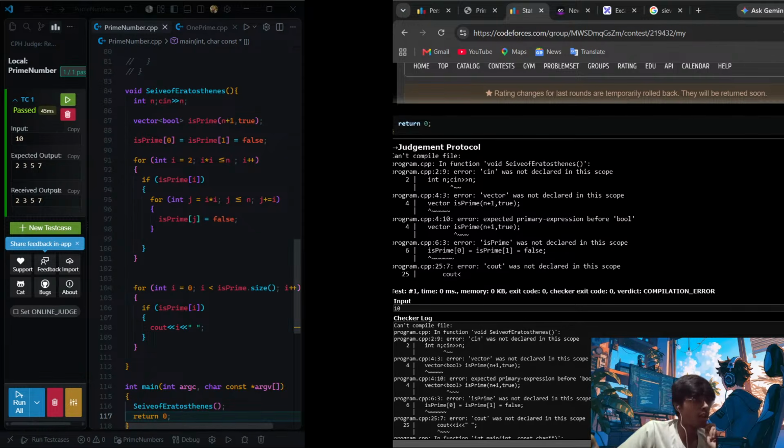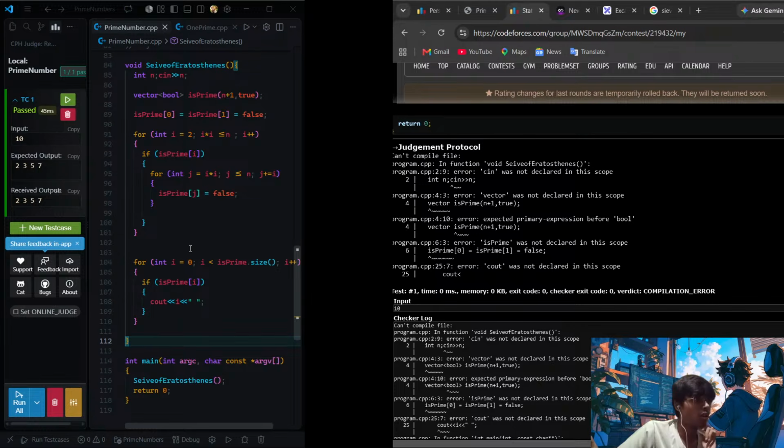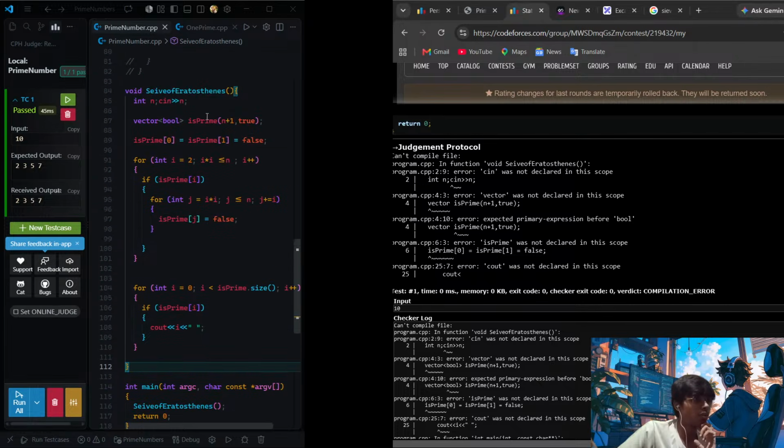Cin was not declared in the scope. I think so. It has been declared in the scope, no? Why hasn't it? What's the issue?